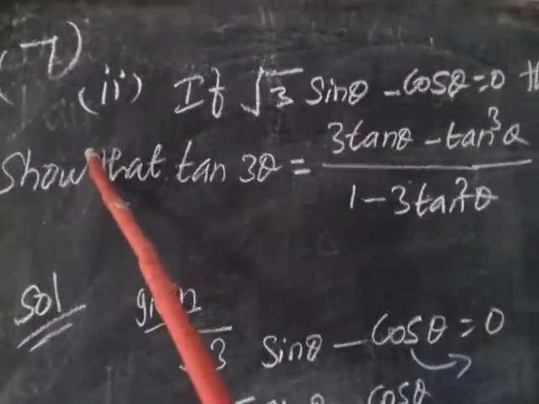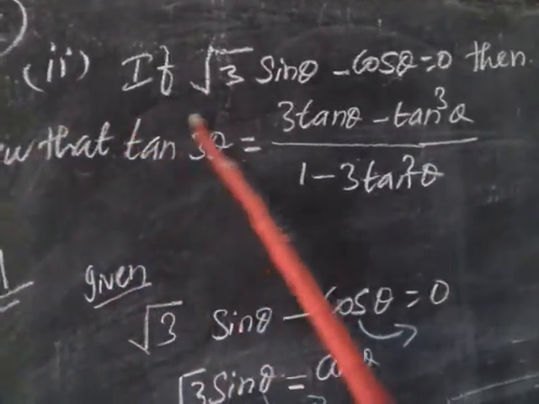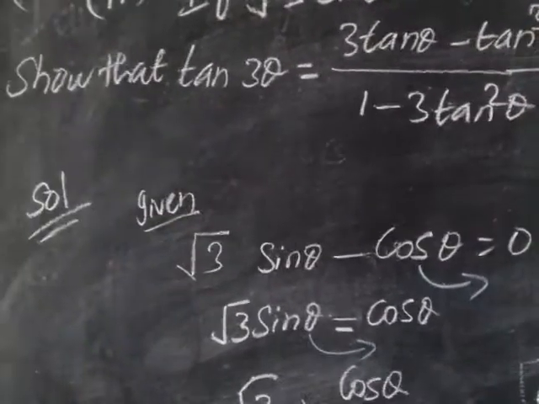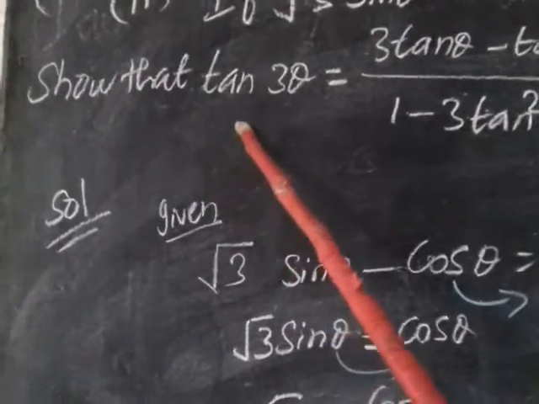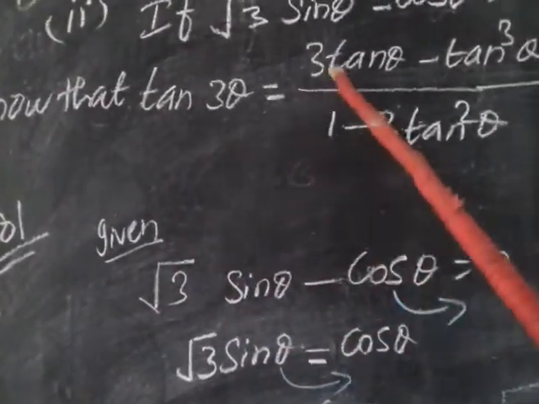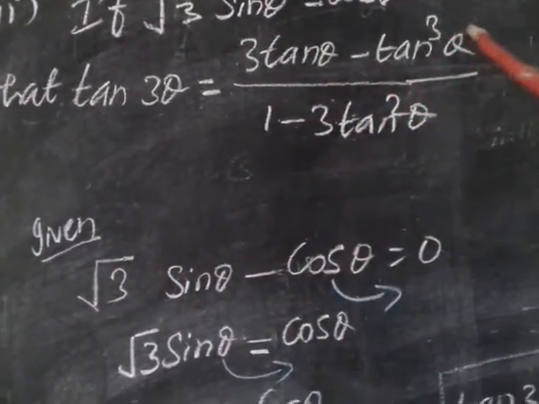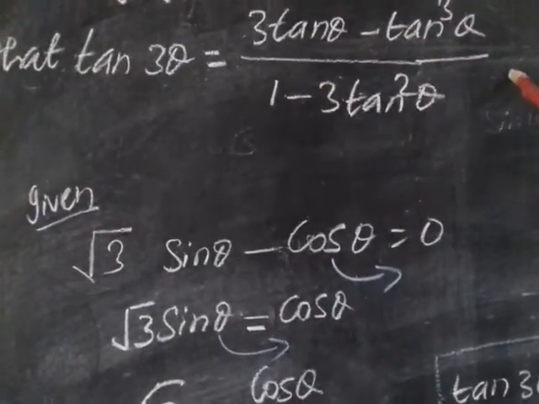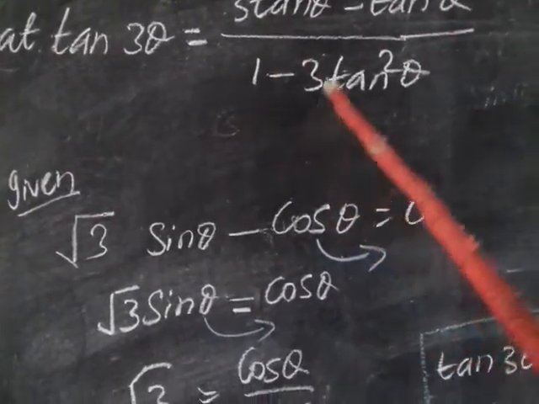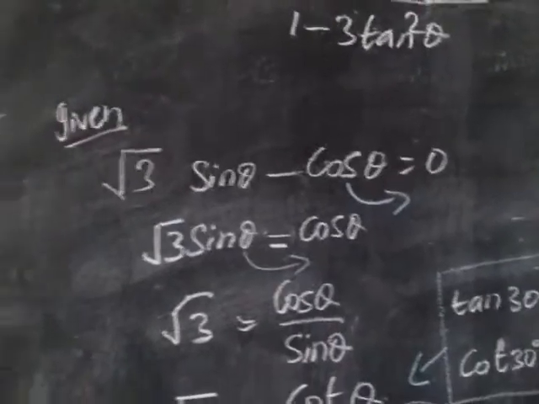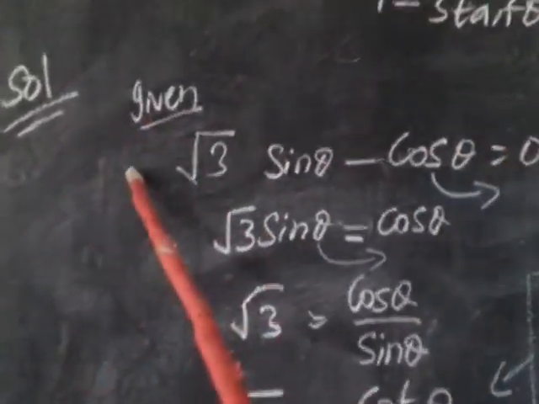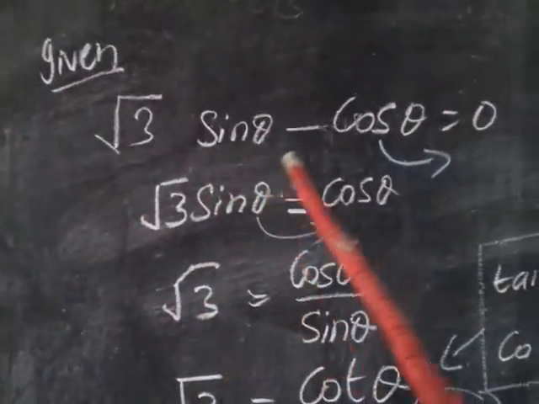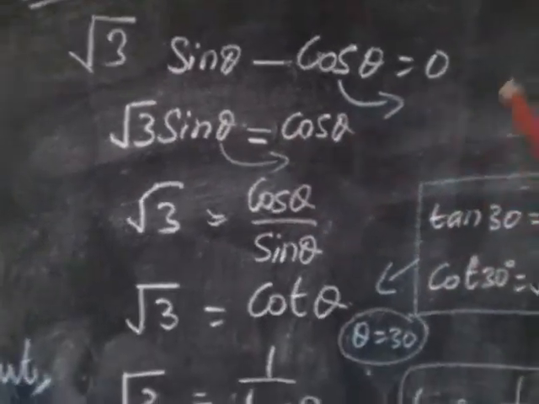Seventh in second: if root 3 sin theta minus cos theta equal to 0, then show that tan 3 theta equal to 3 tan theta minus tan cube theta divided by 1 minus 3 tan square theta. So listen, this is the given: root 3 sin theta minus cos theta equal to 0.